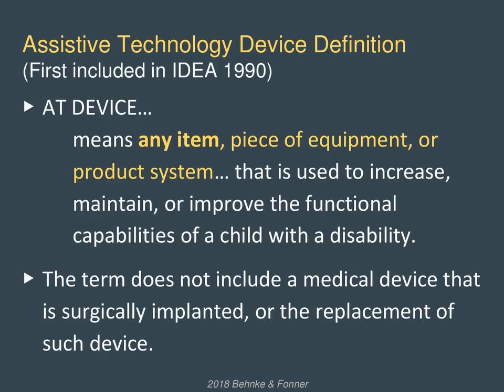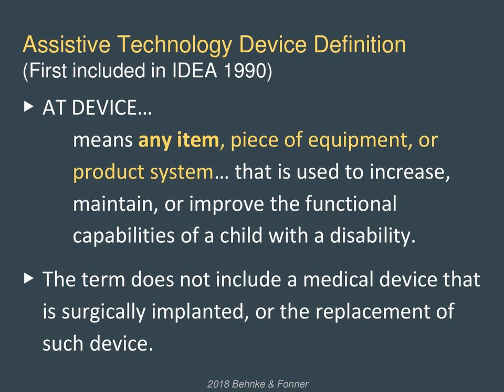So as we look at assistive technology, we need to ensure that everybody is on the same page when we talk about an assistive technology device. This definition was first included in IDEA in 1990, where any type of device means any item, piece of equipment, or product system that is used to increase, maintain, or improve the functional capabilities of a child with a disability.